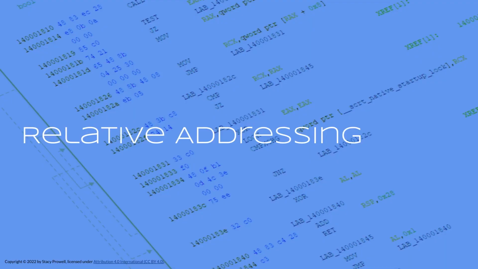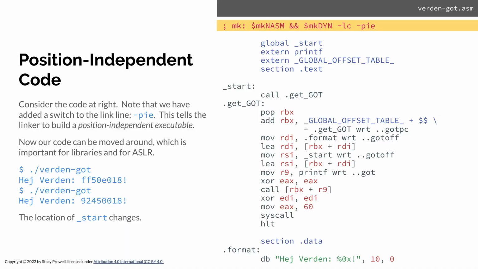All right. Let's go back and talk about relative addressing. We've already seen this a little bit, but if we look at the code over at right, we've added a switch to the link line, and that switch is -pie. I want the linker to make a dynamic, position-independent executable for me. And that will be great.